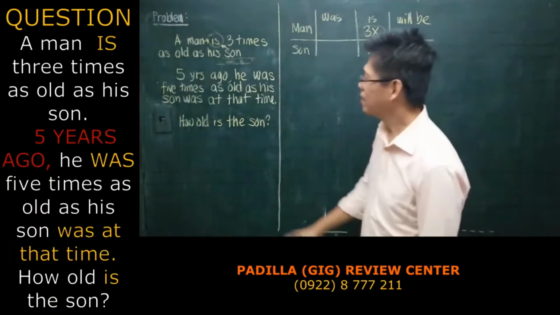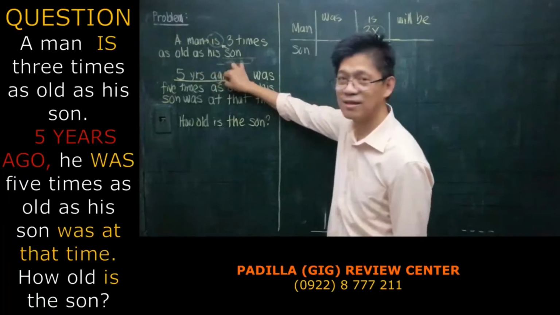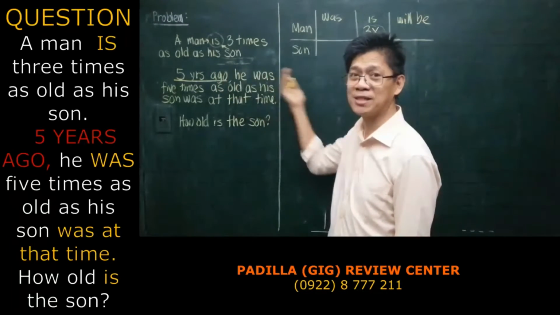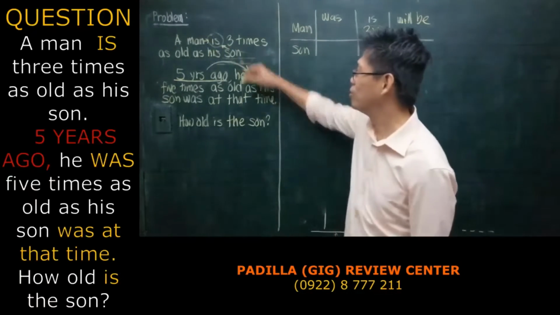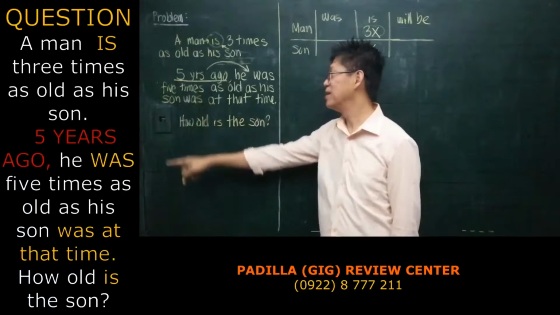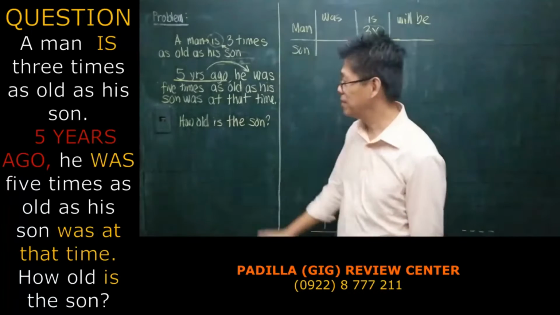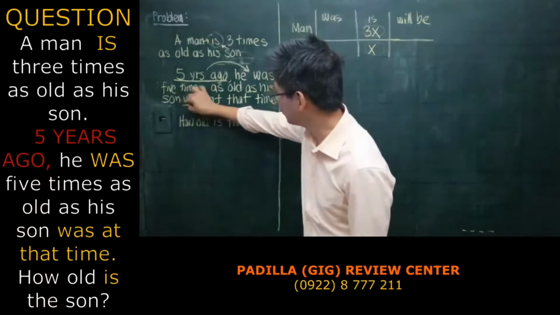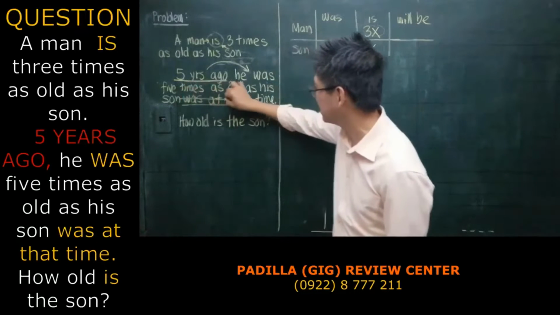Second sentence. 5 years ago, so this is a conditional statement. Meaning, what happens next happens 5 years ago. So he was, during 5 years ago, 5 times as old as his son was at the time. This phrase "was at that time" is redundant.